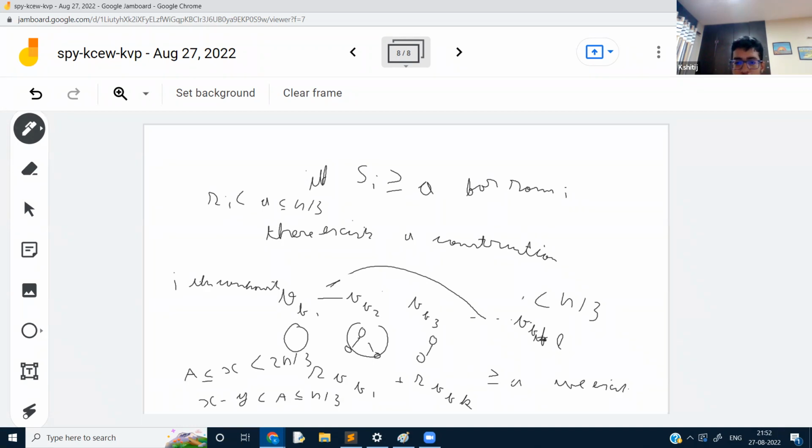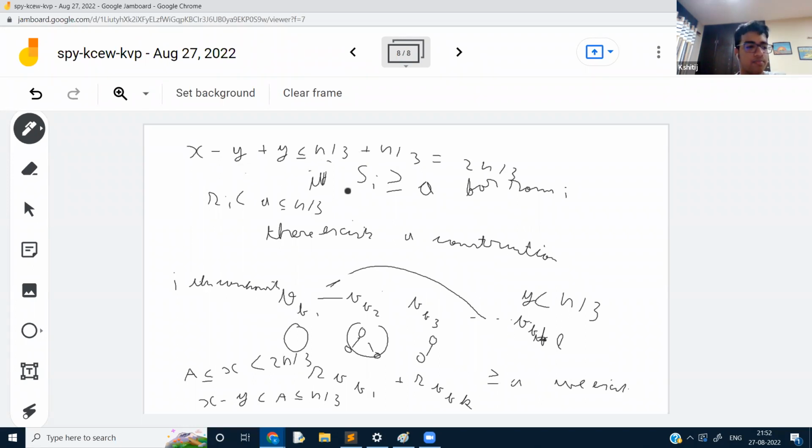Is less than n by 3. And now Y is also less than n by 3. Obviously, we had shown all the nodes are connected. And so X plus Y minus Y is at most... so the size now, which is X plus Y, this is less than n by 3, and this is also less than n by 3.